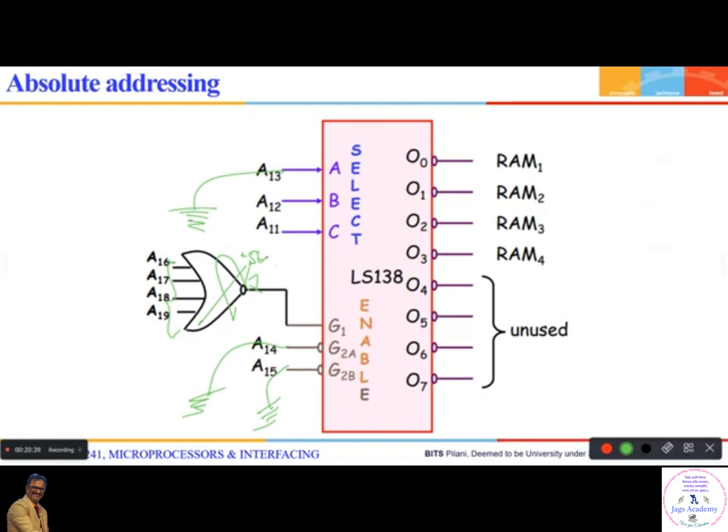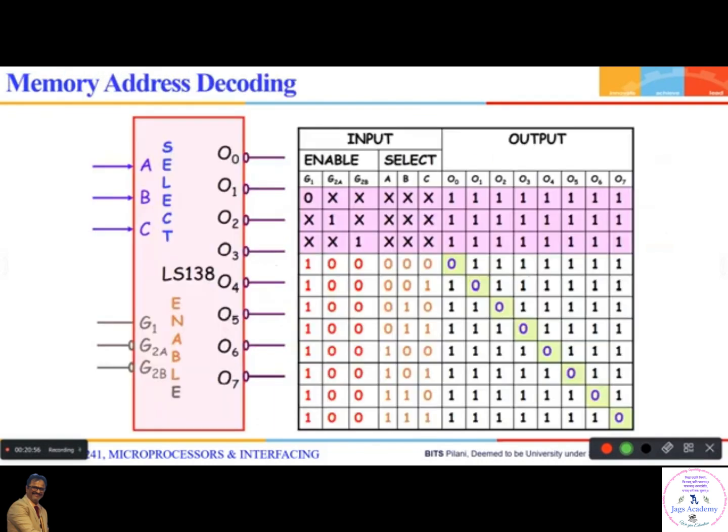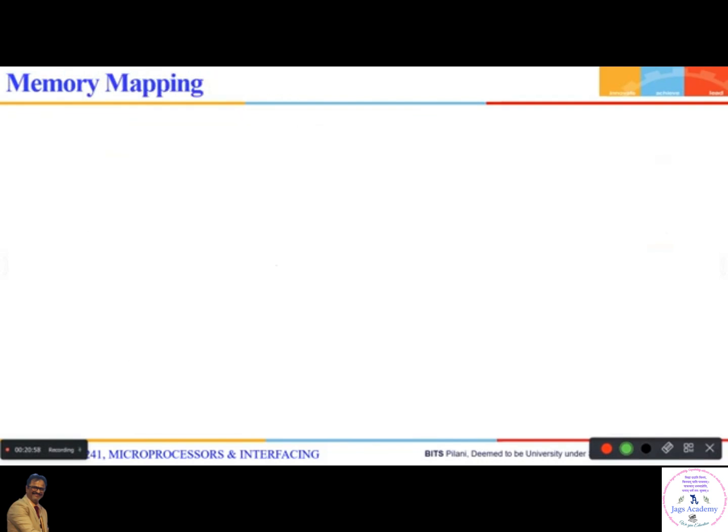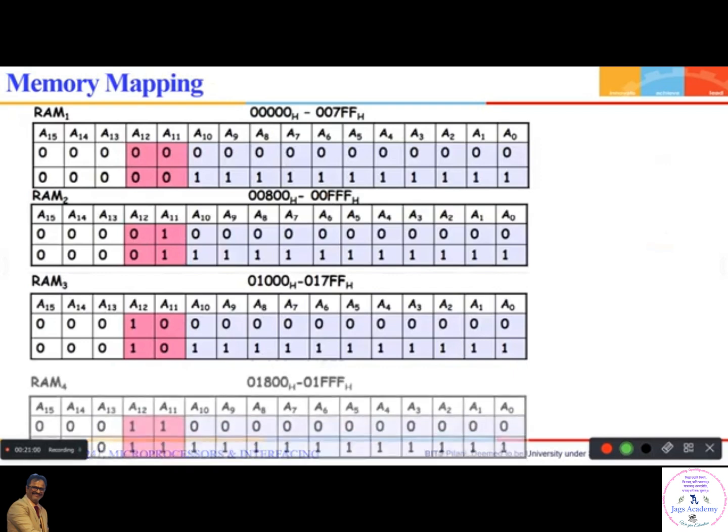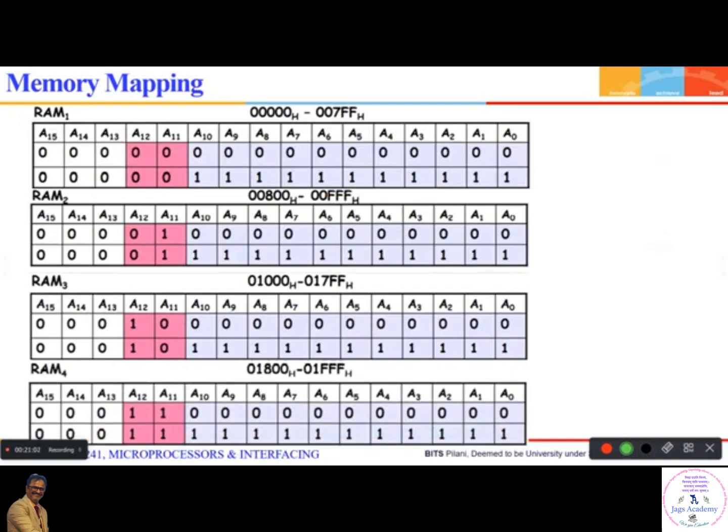This is for absolute addressing. In the question it will be specified whether you want to go for absolute addressing mode or incremental addressing mode. Accordingly, all this information will come from a very important table. This table is very important. If you make any mistake in this table, all subsequent steps will become wrong.